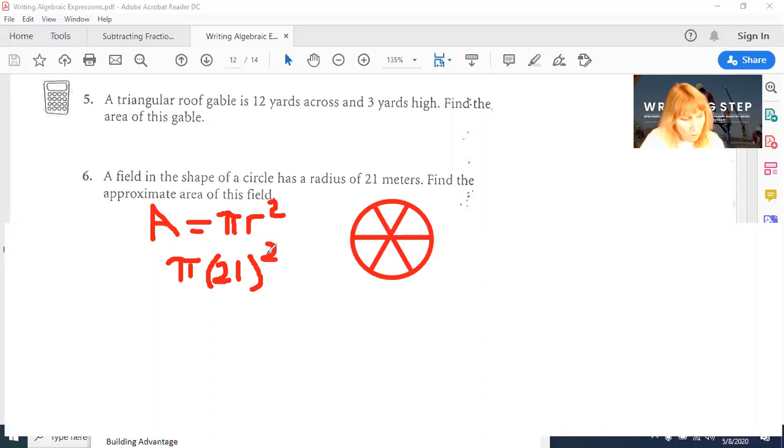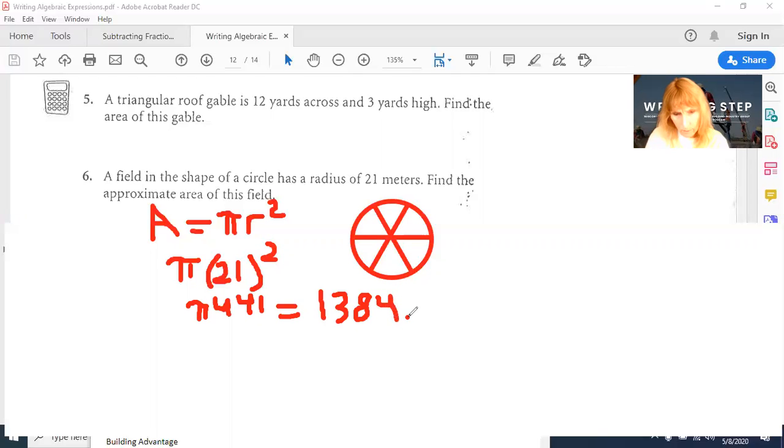21 times 21, I went ahead and did that for you already. It comes out to 441, and all of that times pi, right? So 3.14 times 441 gives you about 1,384.74.